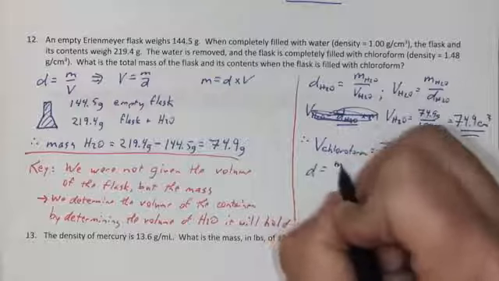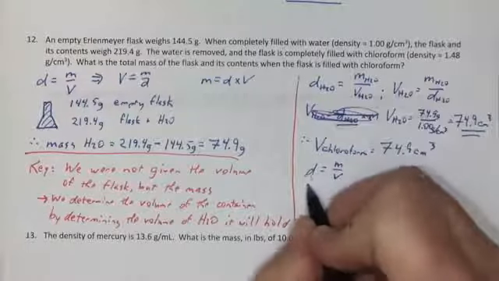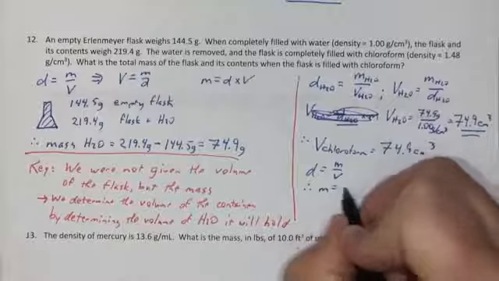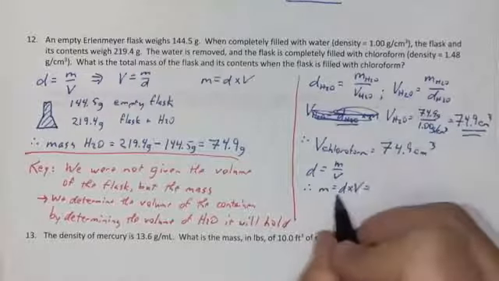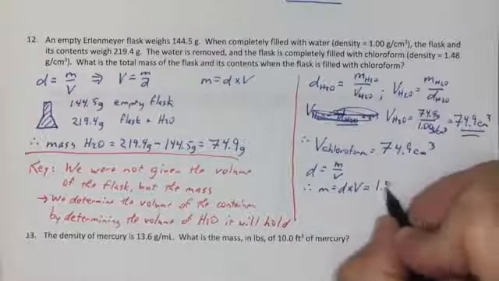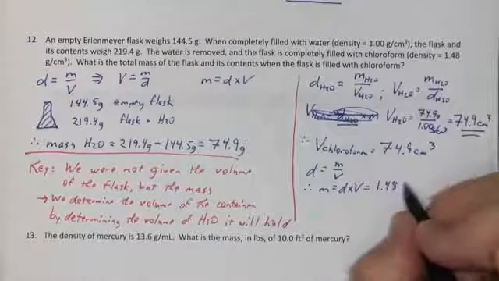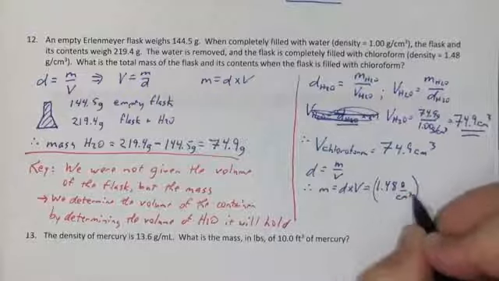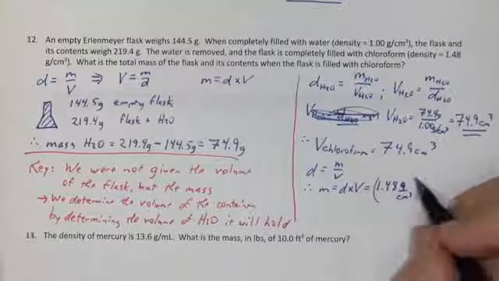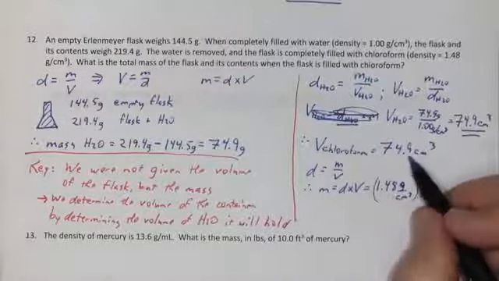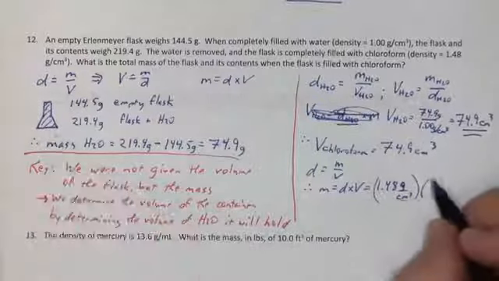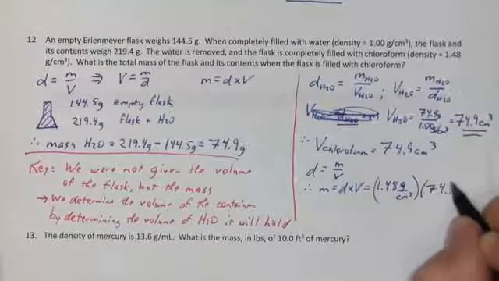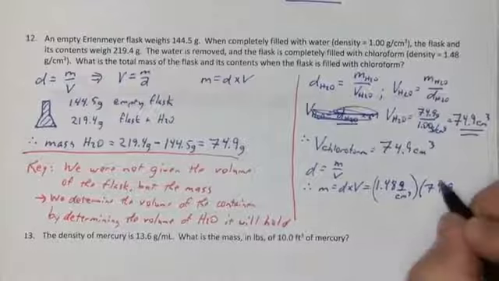Density equals mass over volume, and therefore the mass equals the density times the volume. The density of chloroform is 1.48 grams per cubic centimeter, and the volume of the chloroform is the same as the volume of the water because that's all that the flask will hold, 74.9 cubic centimeters.